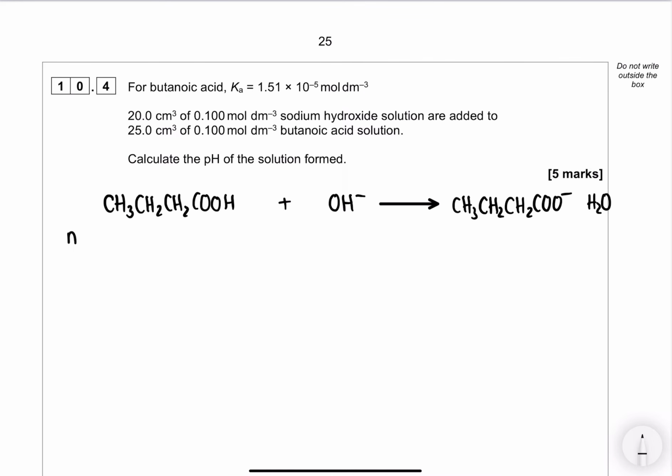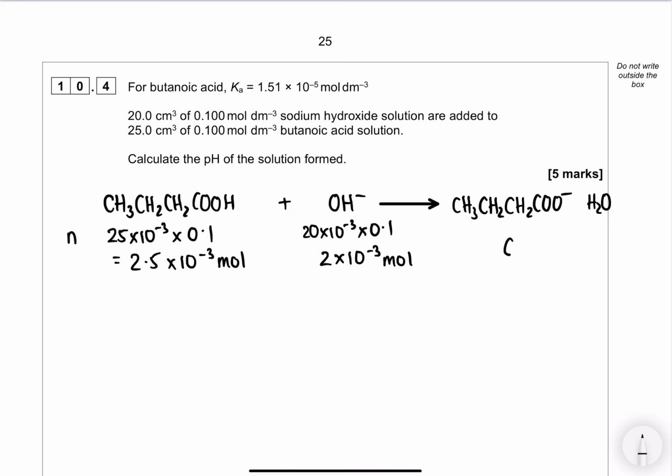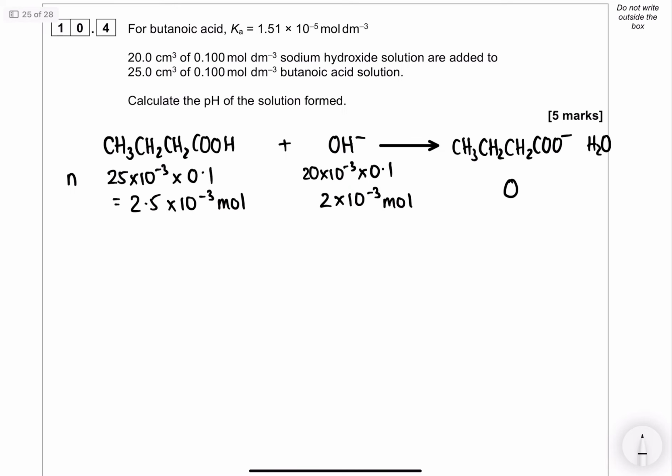So we started off with how many moles of butanoic acid? Let's do 25 times 10 to the minus 3 to get the centimetres cubed into decimetres cubed. So we're starting off with 2.5 times 10 to the minus 3 moles of butanoic acid. We're starting off with 2 times 10 to the minus 3 moles of sodium hydroxide and no salt at the beginning.